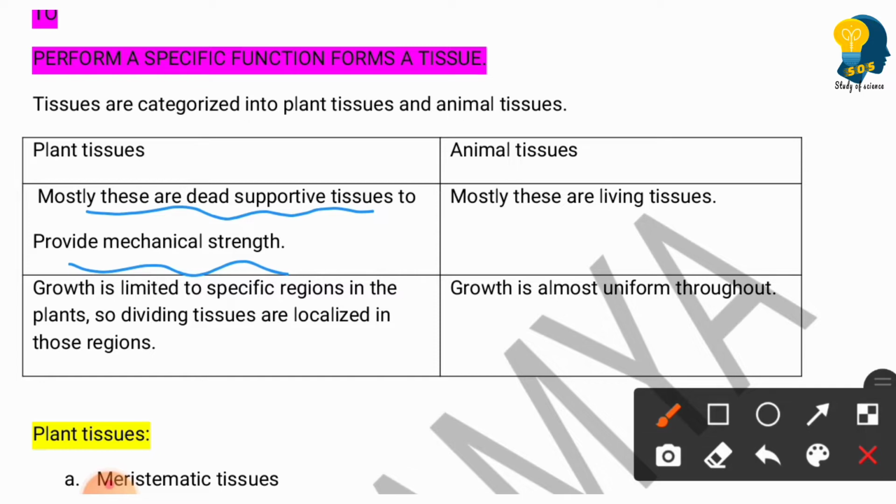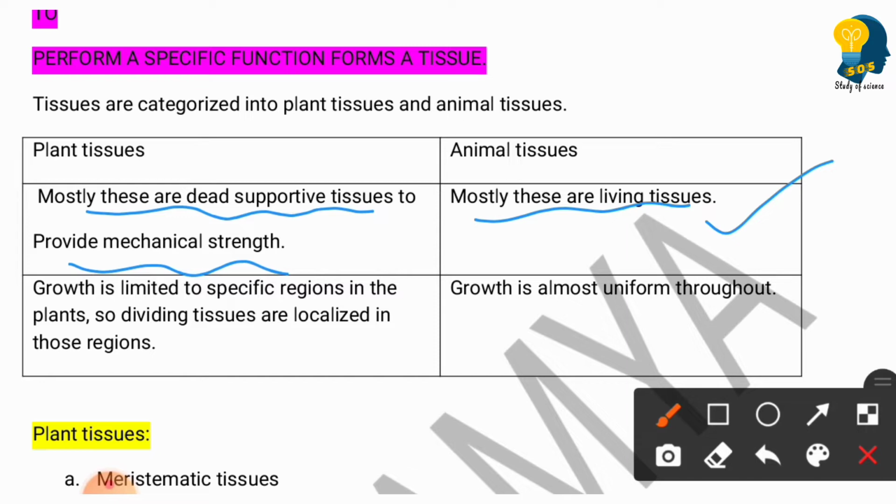Clear? If we talk about animal tissues, most of the tissues present in the animal are living tissues. Why? Because animals are not static. That means they are not fixed at one position. They move from one place to another place. So the cells present in their body actively participate in a lot of functions which take place in the body.